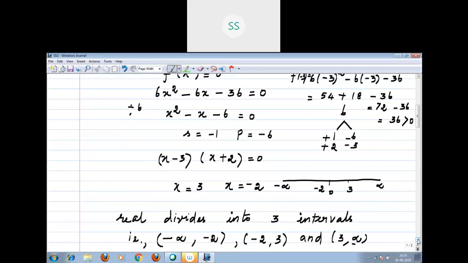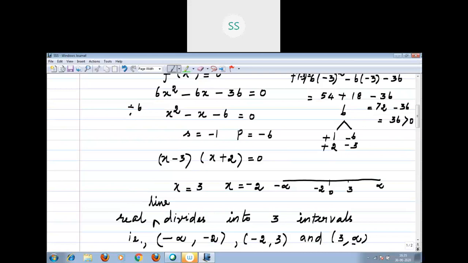The real line divides into 3 intervals: minus infinity to minus 2, minus 2 to 3, 3 to infinity.